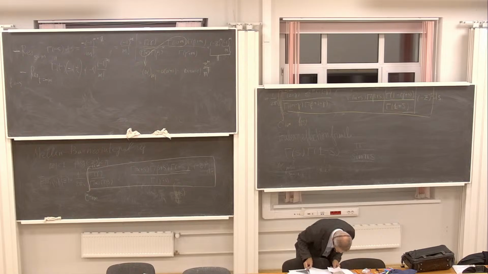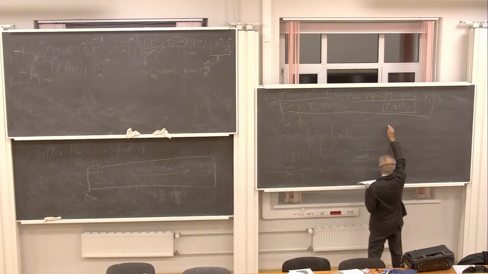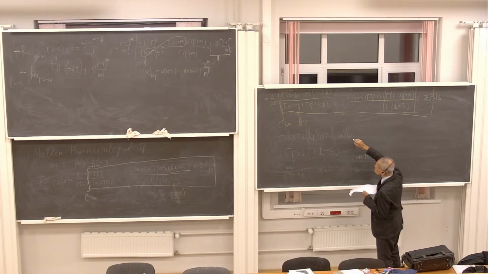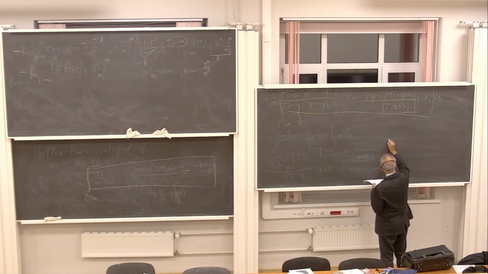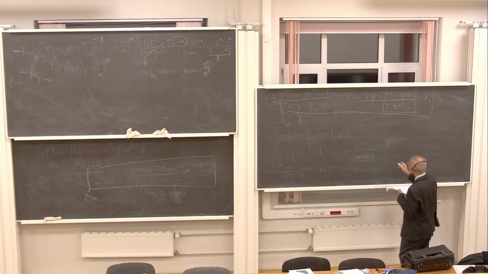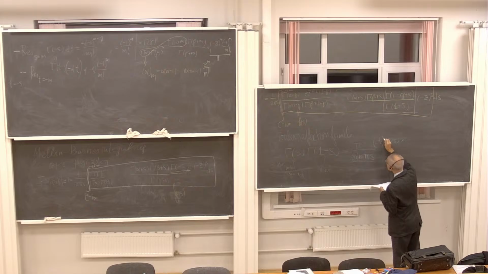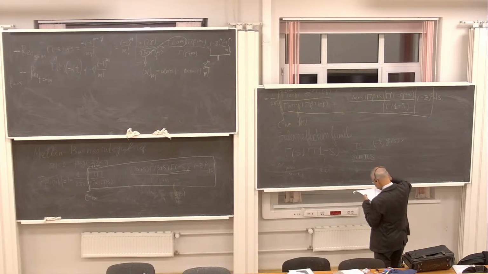Pi over sine pi s. That is, say, maybe h(s), gamma(alpha plus s), g(s) times something, a constant times something. Wait a minute.